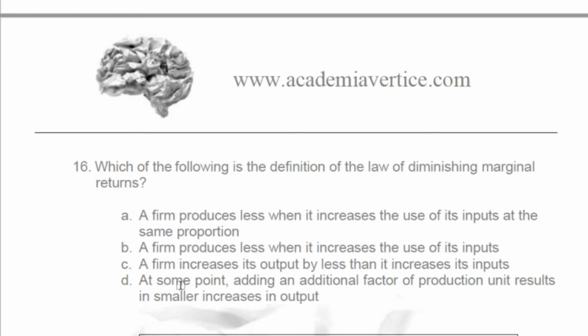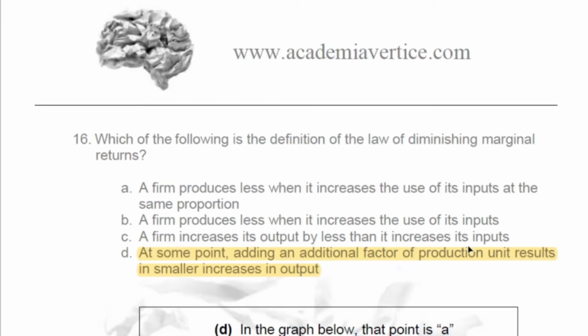At some point, adding an additional unit of a factor of production results in a smaller increase in output. For example, an additional unit of labor, and if it doesn't tell me otherwise, I can't suppose that the other factors are changing. So this is more or less the definition.